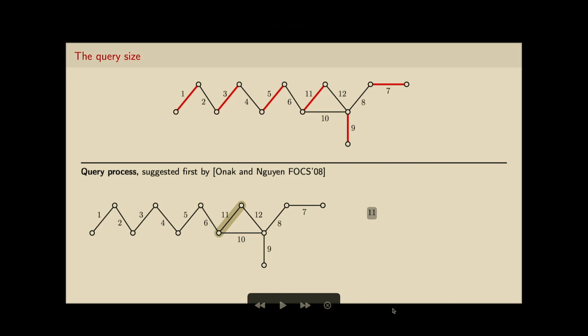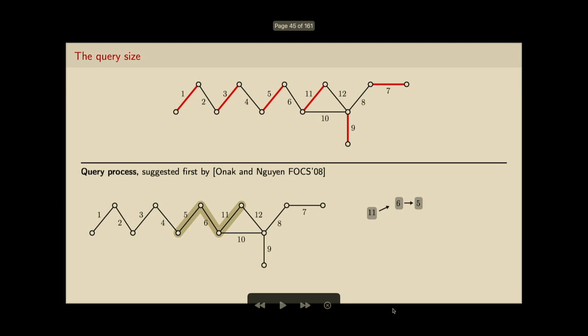You can query edge 6 and edge 10. It actually makes more sense to start with 6 because it's more likely to be in the matching. It has a lower rank. And immediately after you find a matching edge, you can terminate the process and say 11 is not in the matching. Okay, so just finding one incident edge that's in the matching suffices to tell that this edge is not in the matching. So starting from 11, we start querying 6.